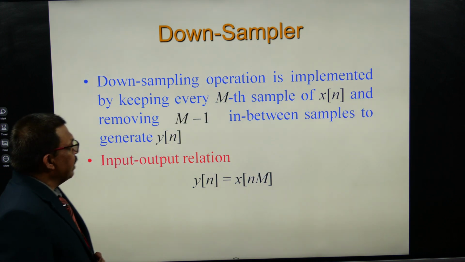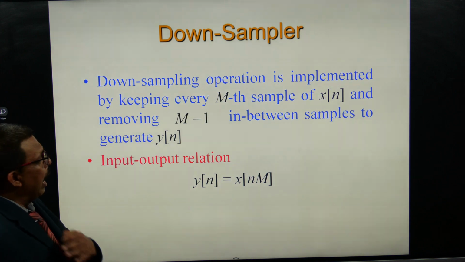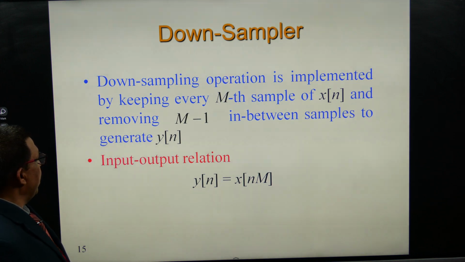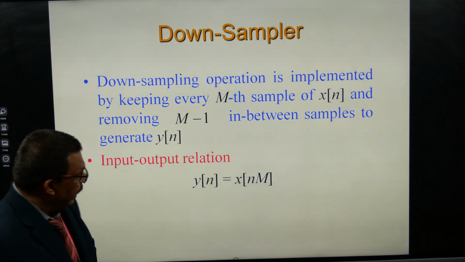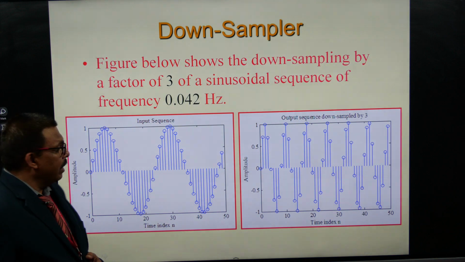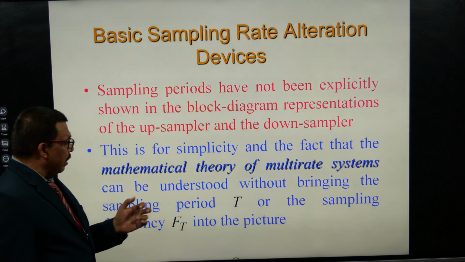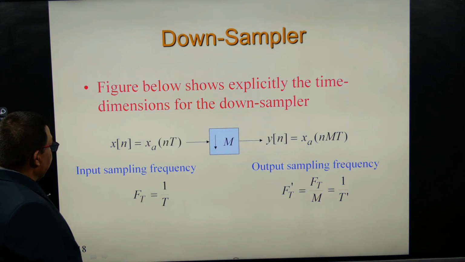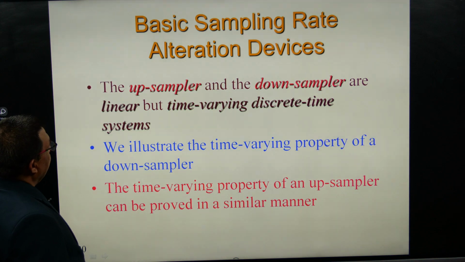Downsampling operation is implemented by keeping every Mth sample of x of n and removing M minus 1 samples in between to generate y of n. So y of n is equal to x of n M. This is the pictorial representation. Observe that in the input sequence all samples are available.